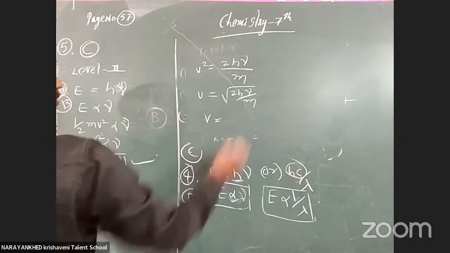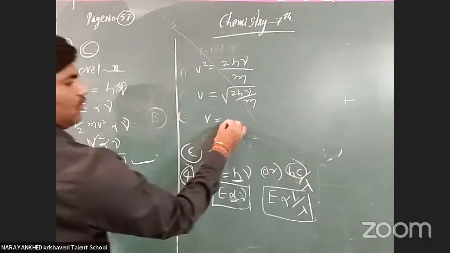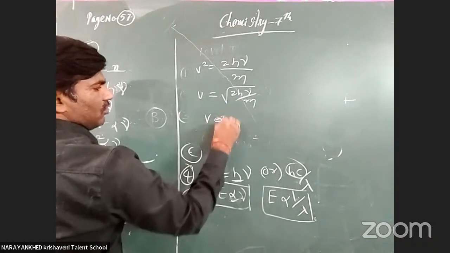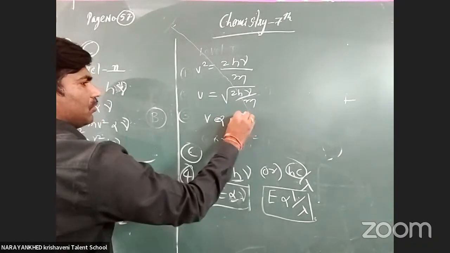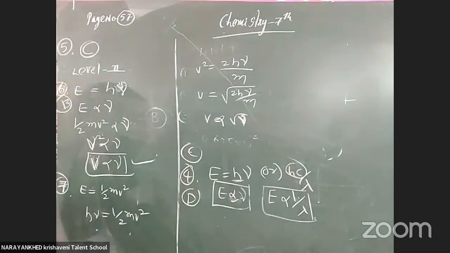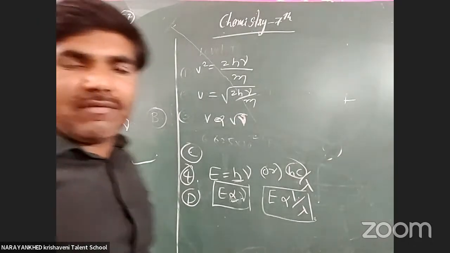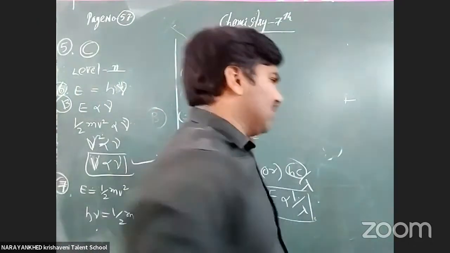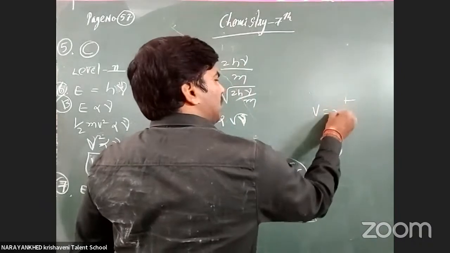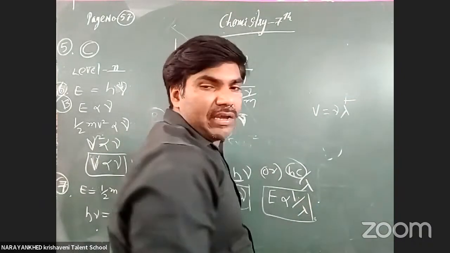Here v is equal to, these are all constants, under root nu. So indirectly the velocity is proportional to root nu. We already know very well that v equals nu lambda. Clear or not?